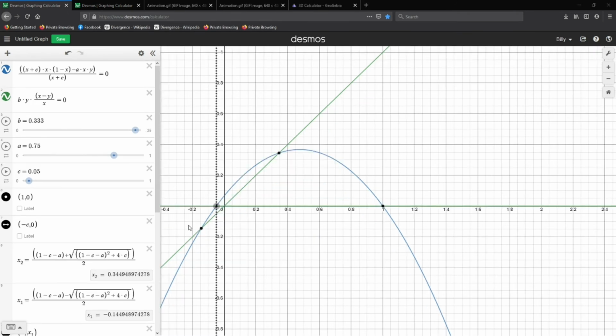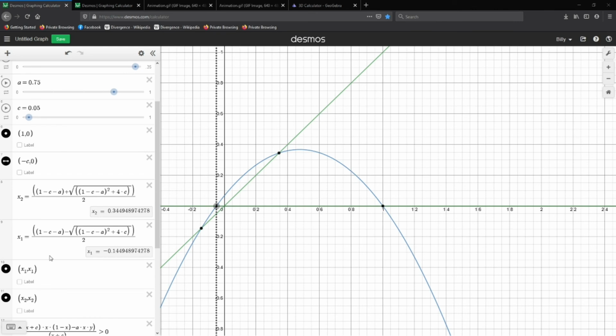It's also important to point out that when x is equal to negative c, we have a discontinuity. The same thing when x is equal to 0 here in the function itself. So we have a switching point in the sign of x prime and y prime at both of these.